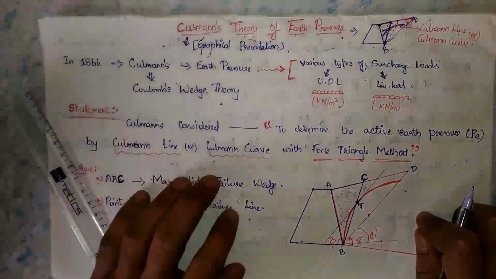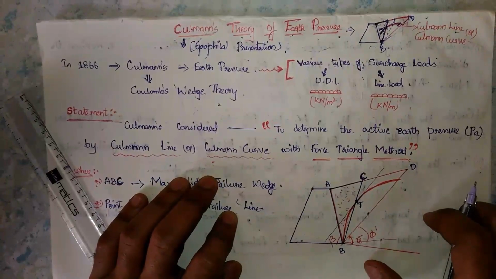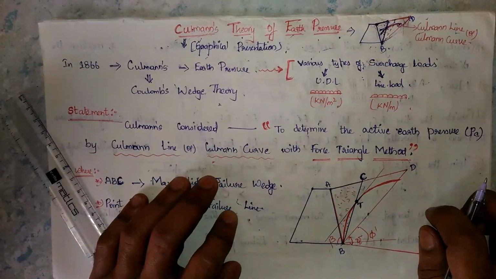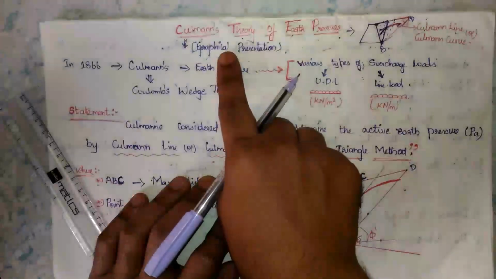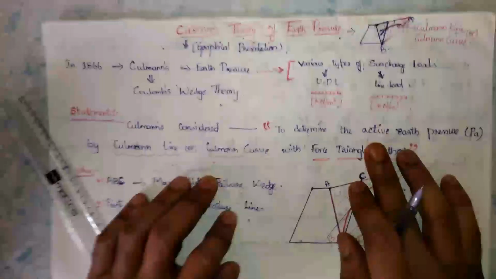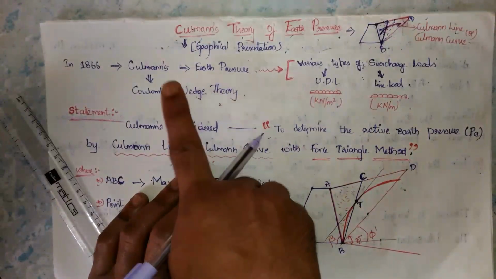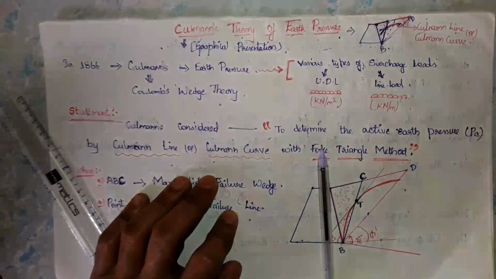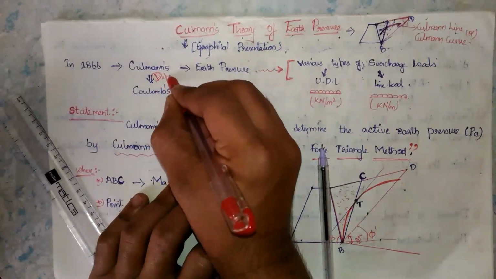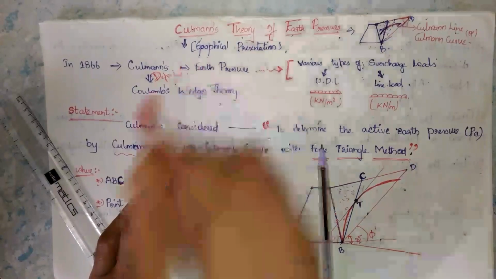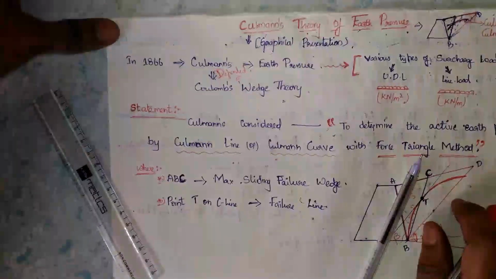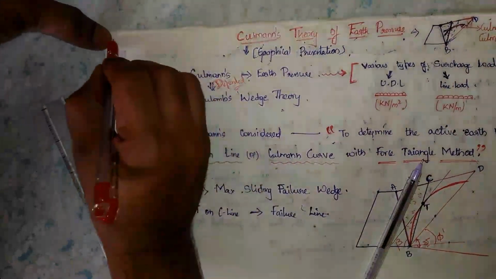Before going to Culmann's theory: Rebhann has given a graphical presentation, and Culmann is also giving a graphical presentation, and these two persons depended on Coulomb's wedge theory. Remember the main important point.